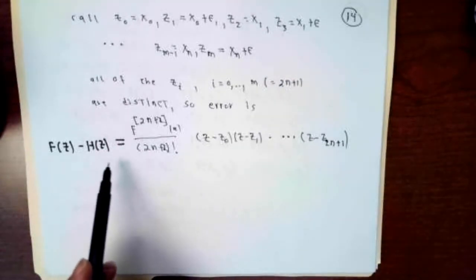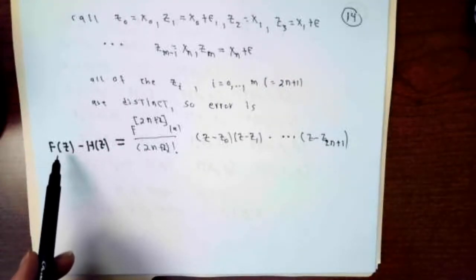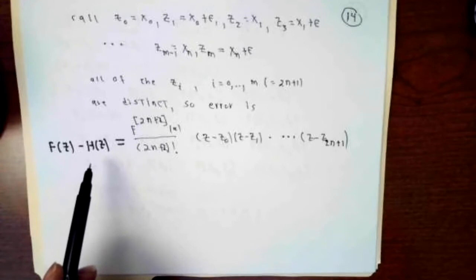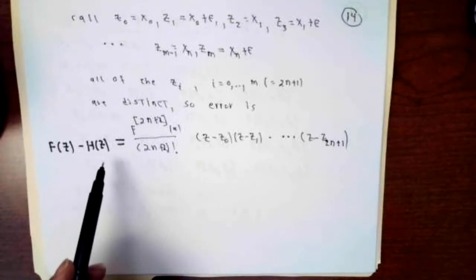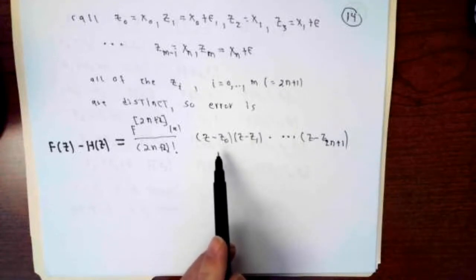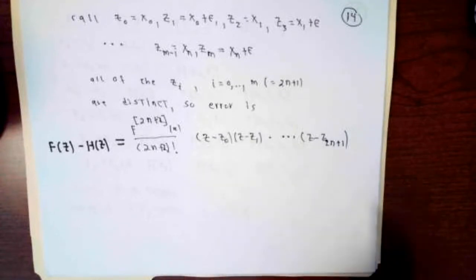Our previous work tells us the difference between the actual function value at some number z and the value of what I'll call h for Hermite polynomial at z is going to be some value of the 2n plus second derivative divided by 2n plus 2 factorial times the product of z minus each of the relevant z numbers in my data set.